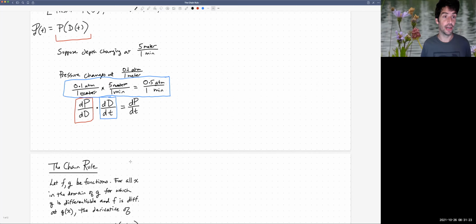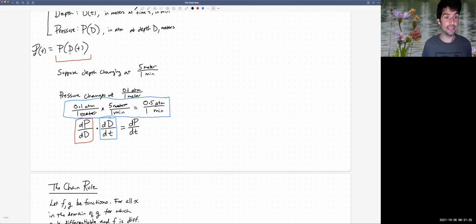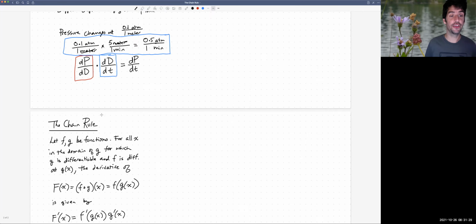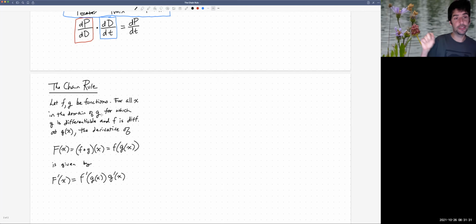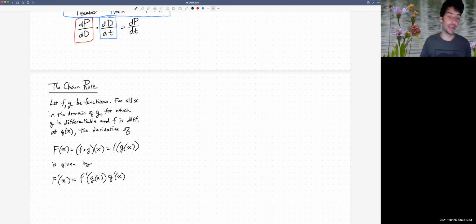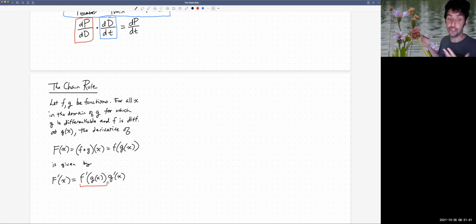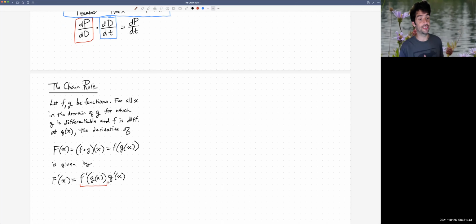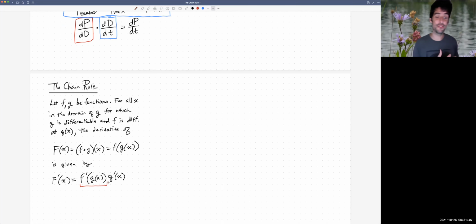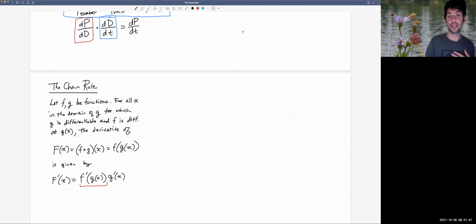Because remember, our composition was P being composed with D. We put D inside of P. This first derivative is how does pressure change as depth changes. This derivative here is how does f change as g changes, not how does f change as x changes, how does little f change as g changes.